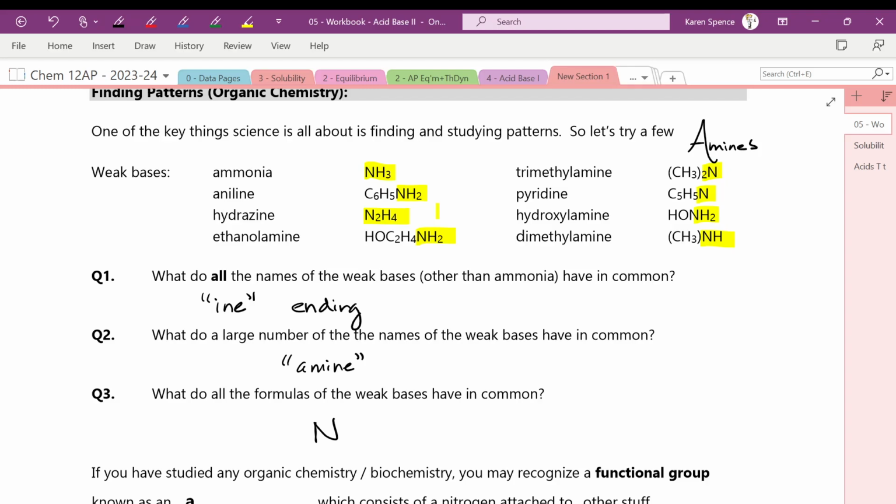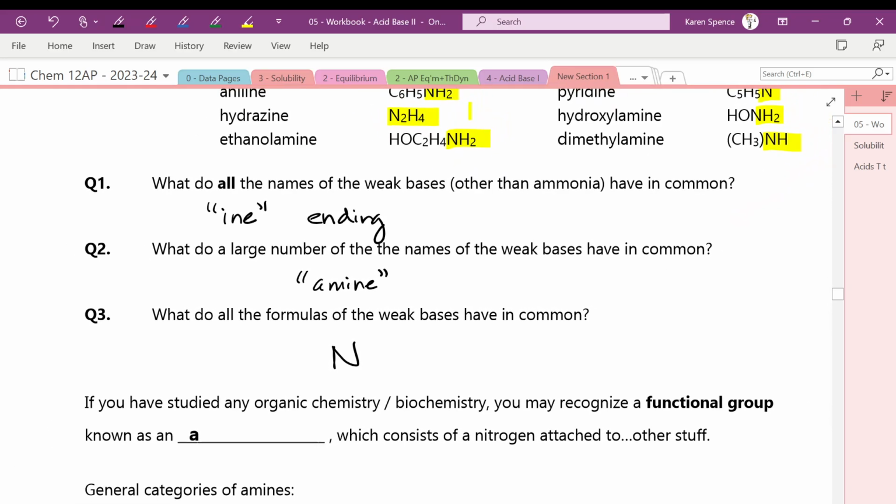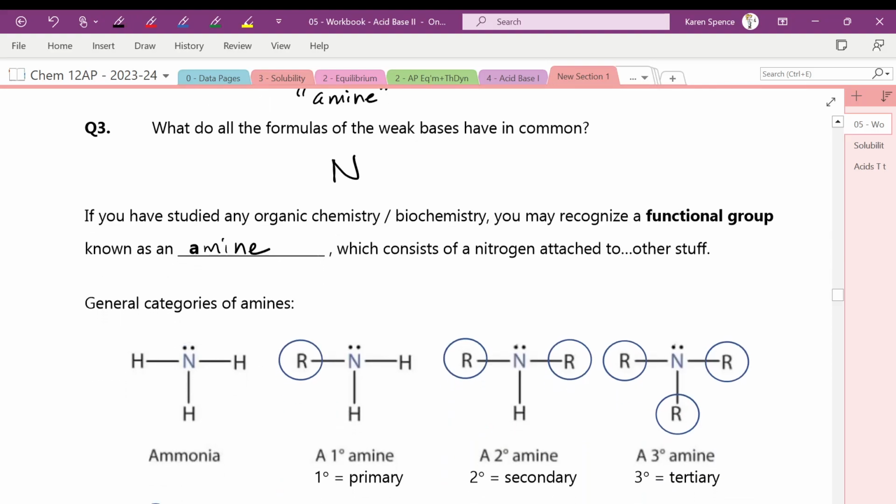Now, if you've studied any organic chemistry, you might recognize a functional group. This is known as an amine, which consists of a nitrogen attached to other stuff. We have general categories of amines. You are absolutely not responsible for any of this.